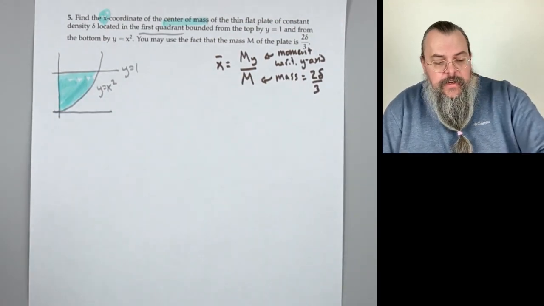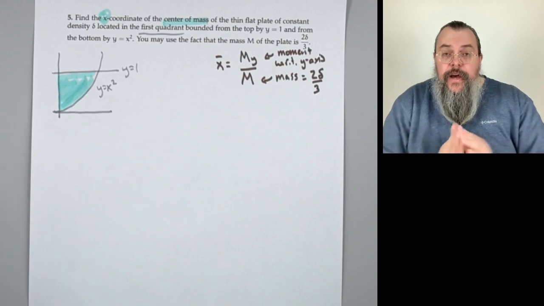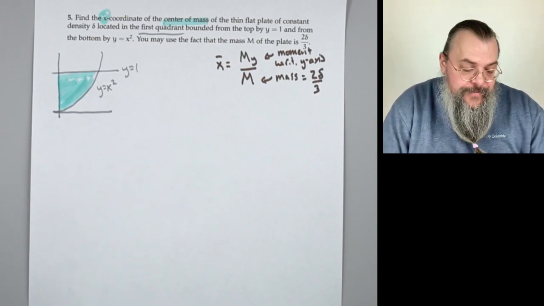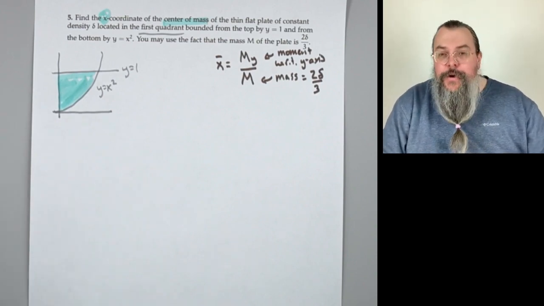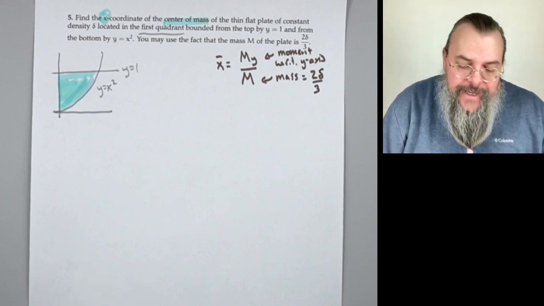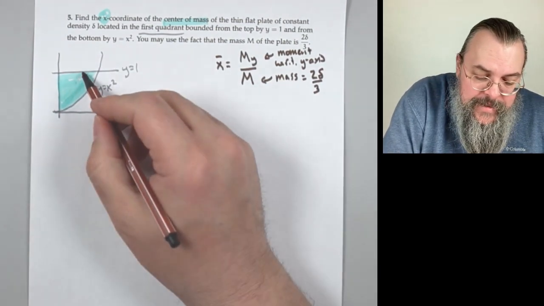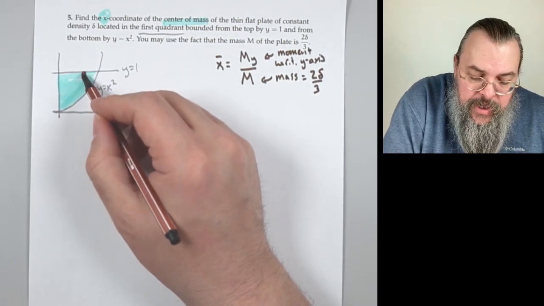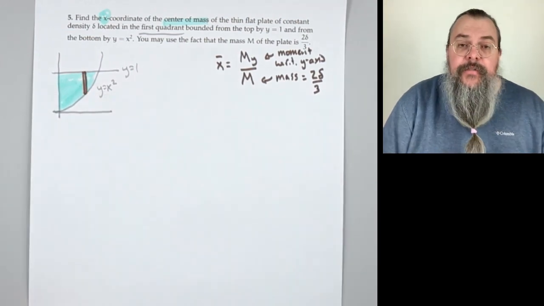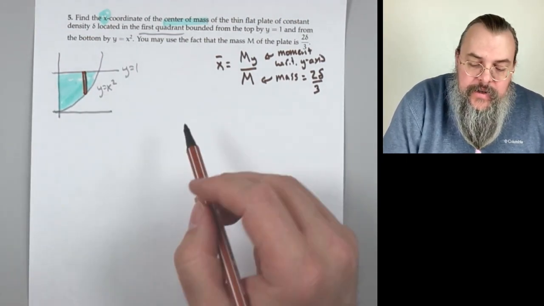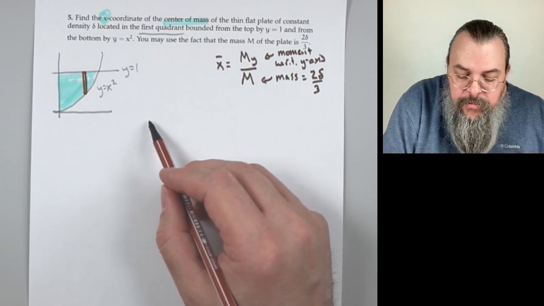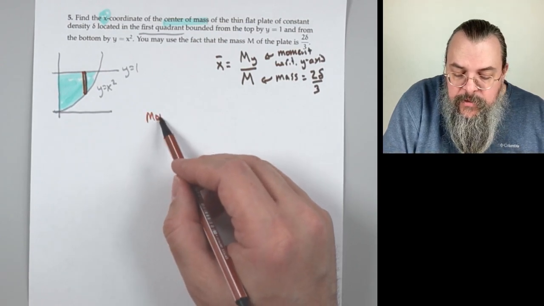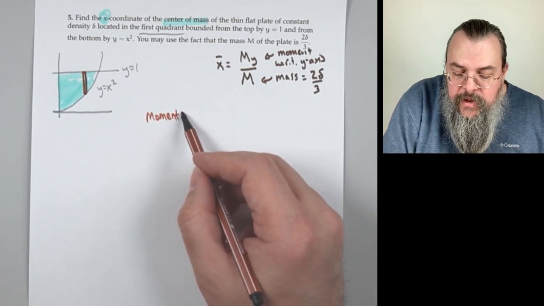All right, okay, so now, what do we do? Well, we do what we always do, right? We say, hey, let's think about what happens when we take a small little slice. And in fact, how do you compute the moment? So if you think of the way you do moment, how does it work?